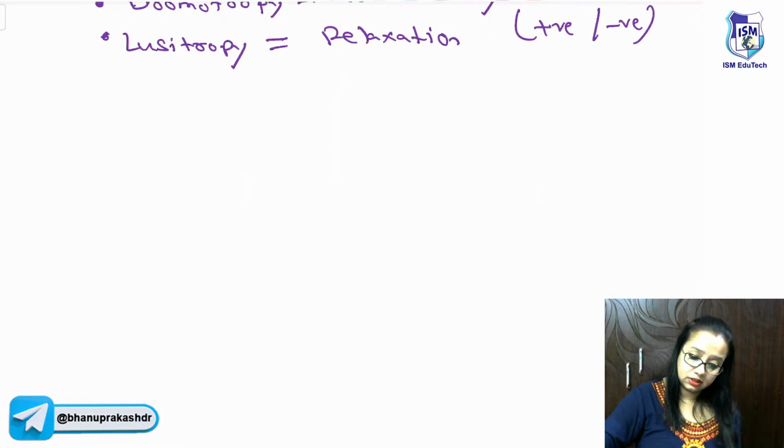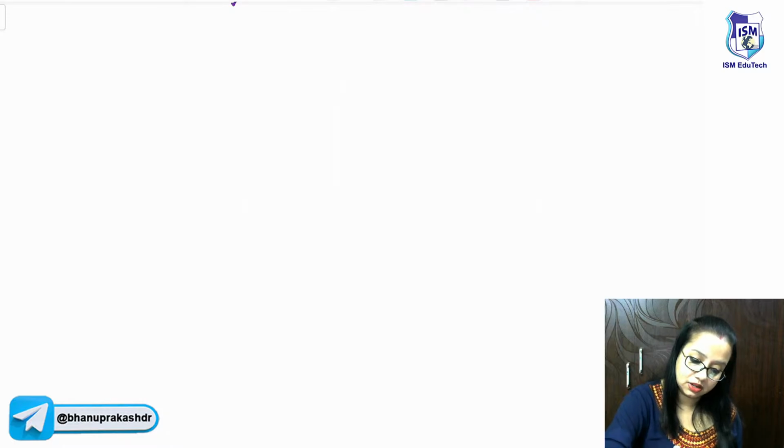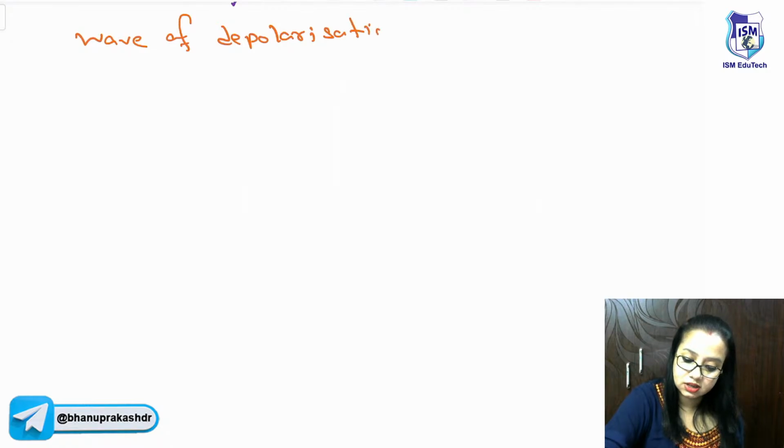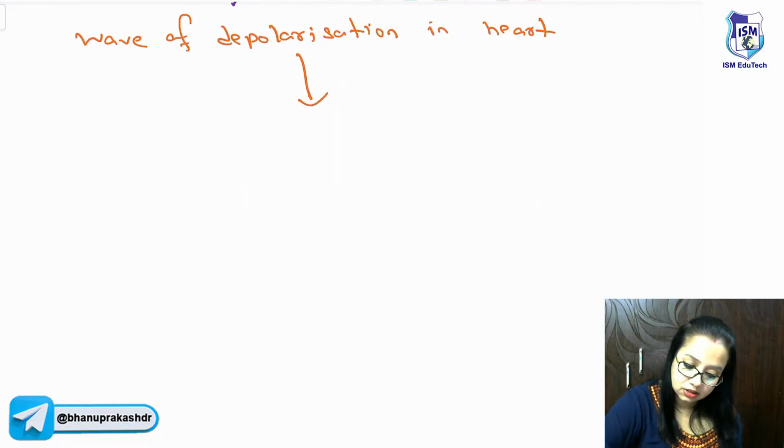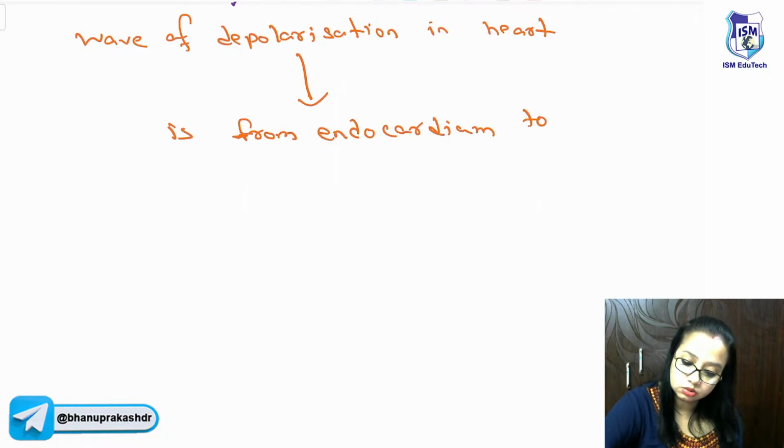Now, the pathway of the wave of depolarization and repolarization. Like we know the wave of depolarization is an electric event in the heart. It is from the endocardium to, I'll show the diagram also, the epicardium.